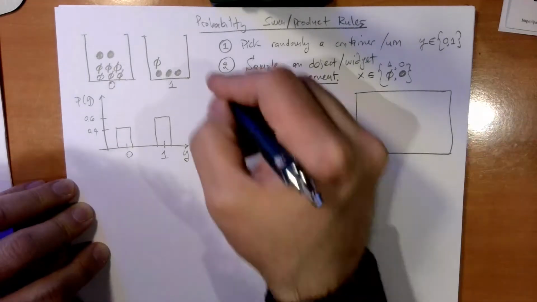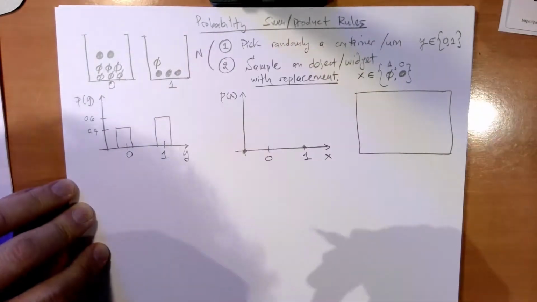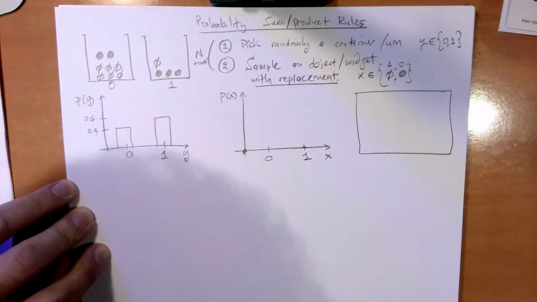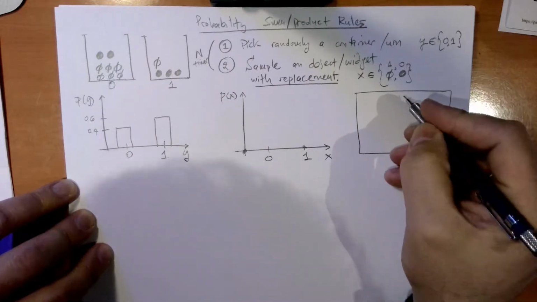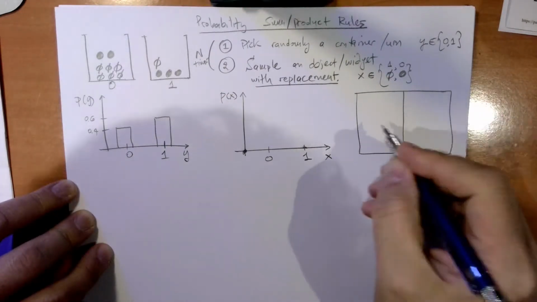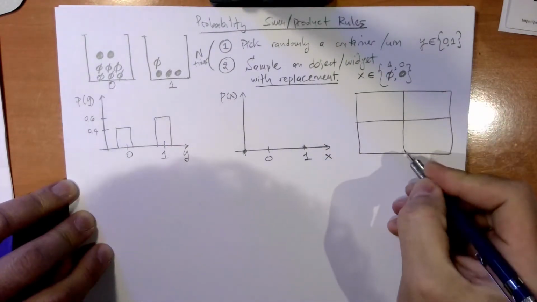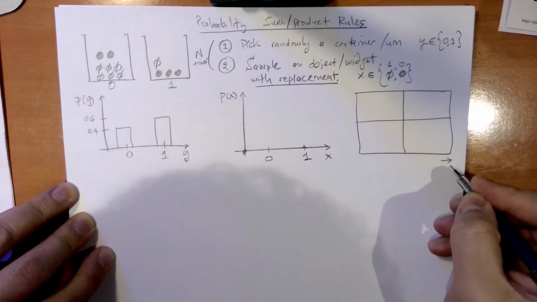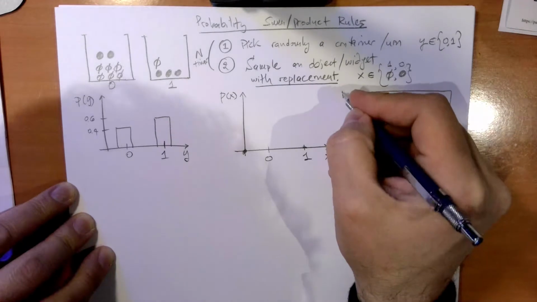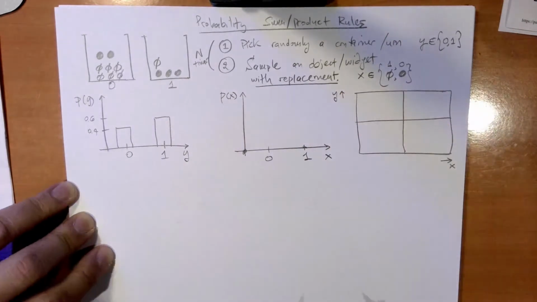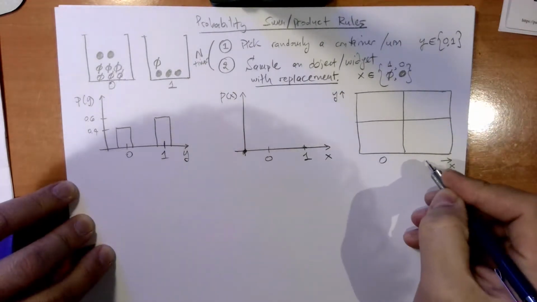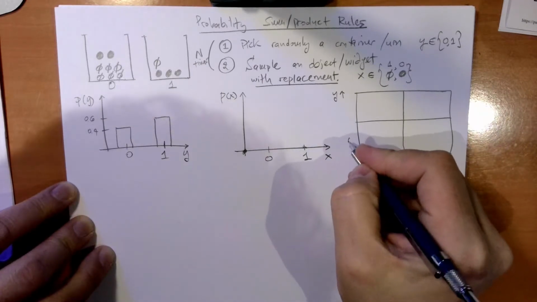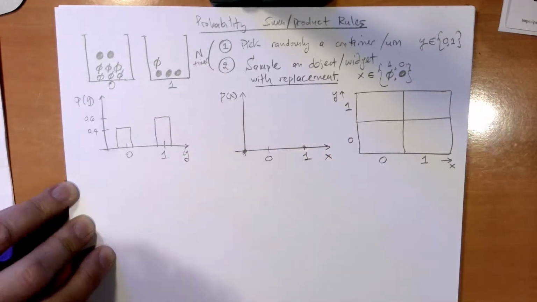We effectively have a probability space that involves two variables, x and y, on these axes, with x equal to 0 and 1, and correspondingly y equal to 0 and 1.